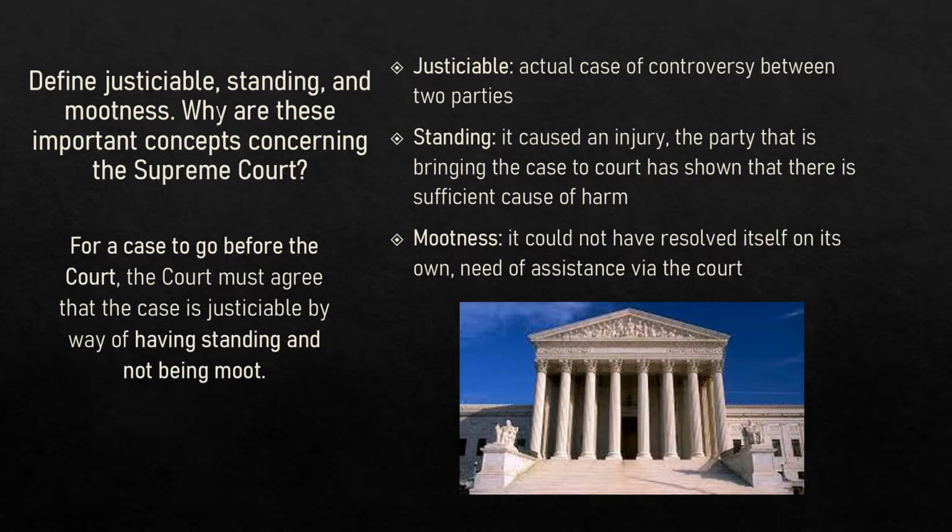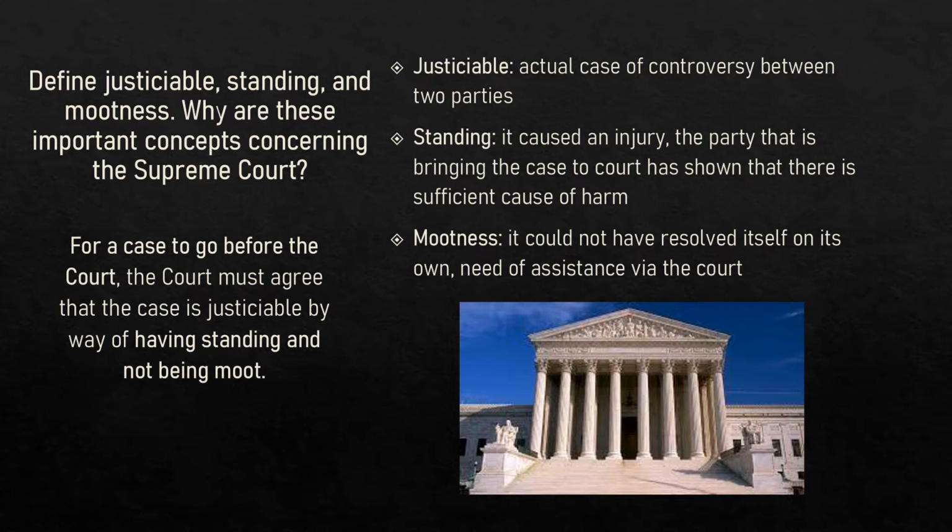The final part: why are these important concepts concerning the Supreme Court? Obviously, the Supreme Court has a very high bar. That could be a joke somewhere. A very high bar in terms of what cases they are willing to review and seek dissent or support for.